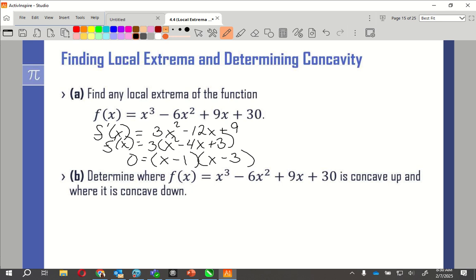So, right here, this is going to give me critical points. x equals positive 1 and positive 3.